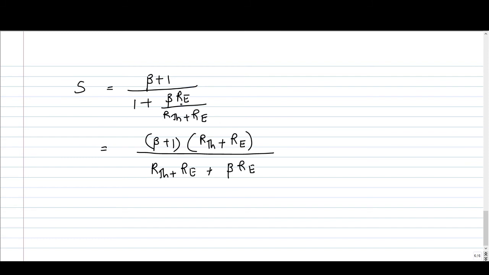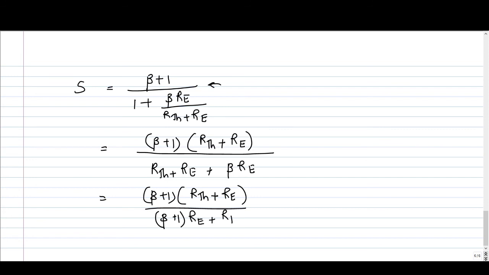If you multiply both numerator and denominator of this expression by RTH plus RE, you will get this. Now in the denominator I can take RE common. RE plus beta RE is beta plus 1 into RE, plus RTH.